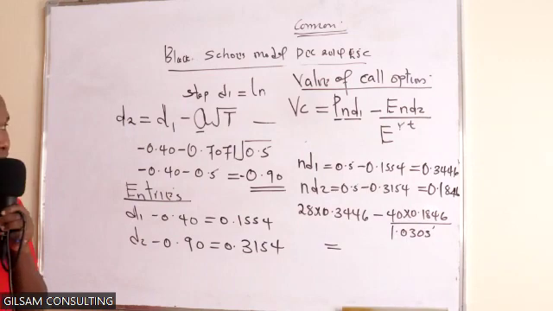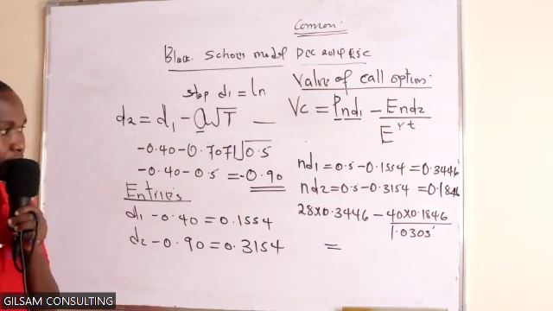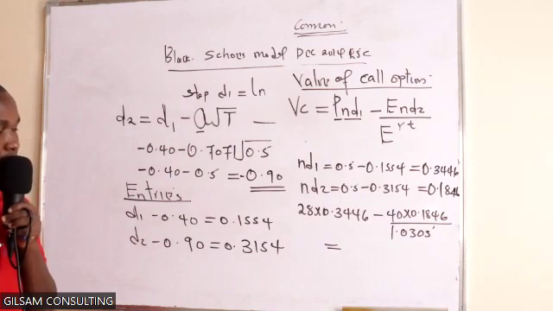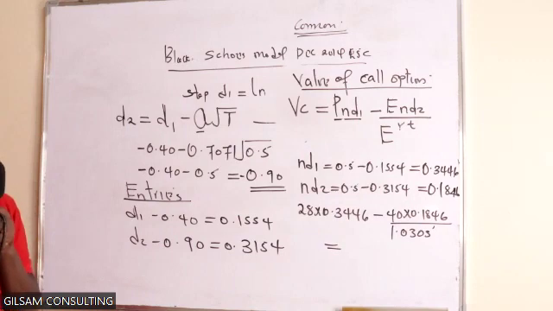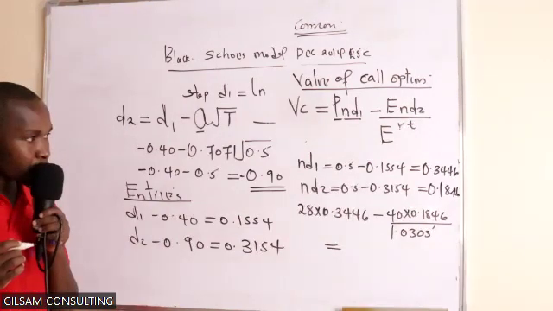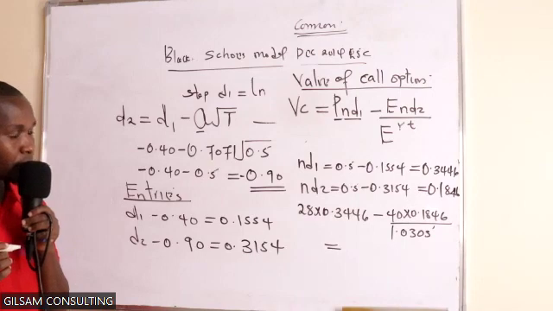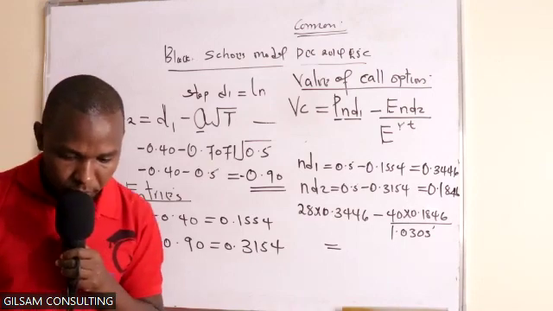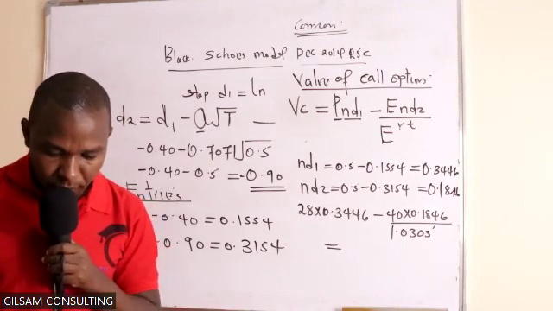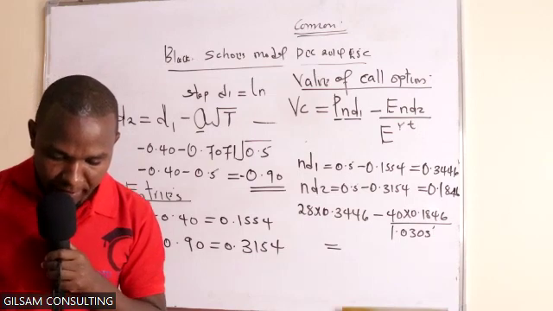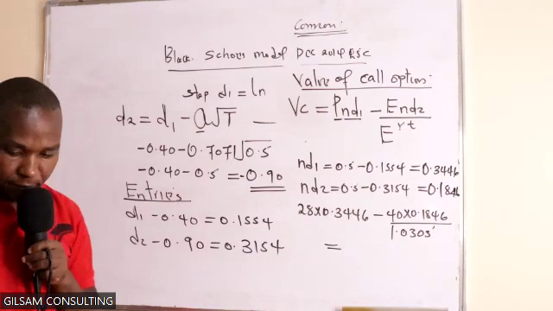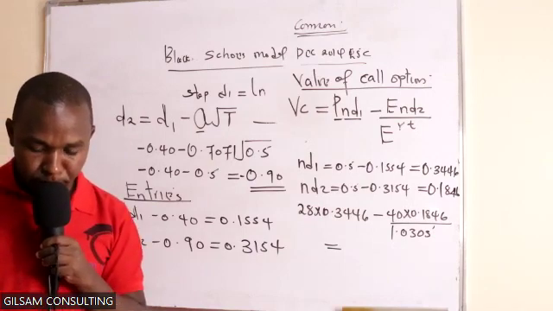I don't know whether it's me who read this thing wrongly. It should be 0.3159, not 54. Well, which one? D1 or D2? D2. D2 should be 0.359, not 54. 0.5 minus 0.3154. Yes?